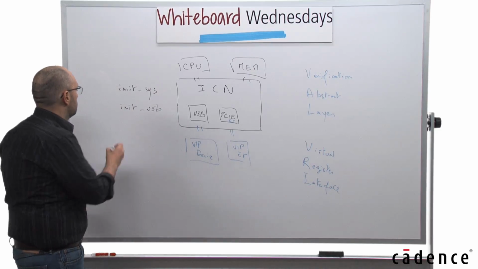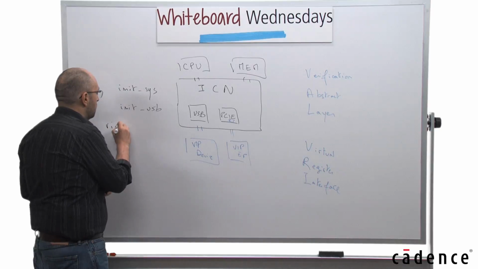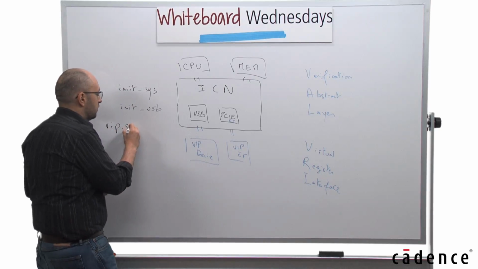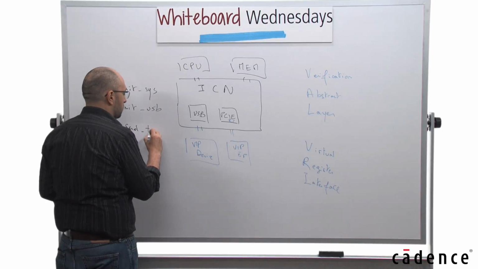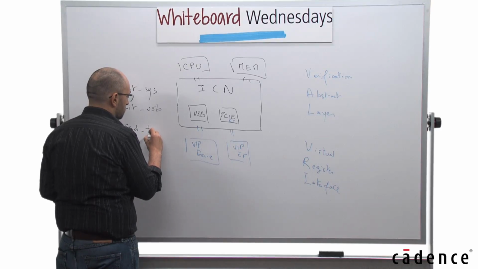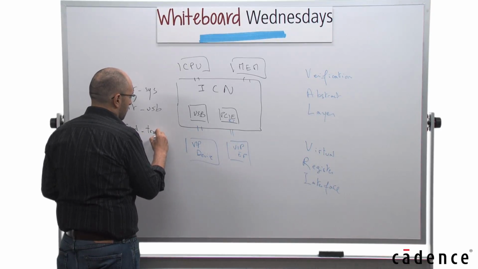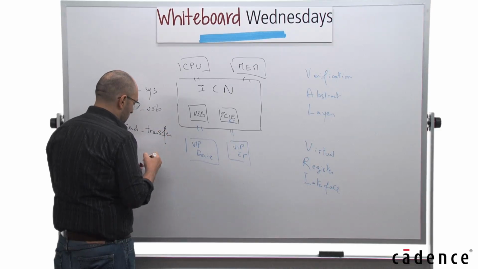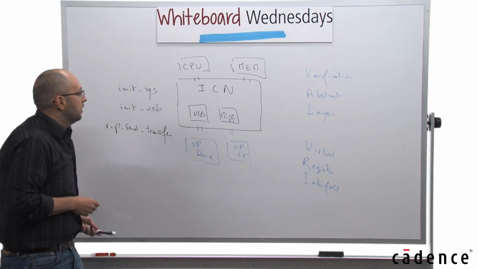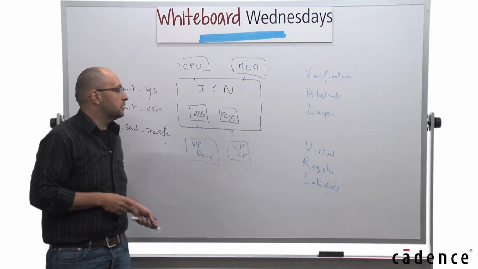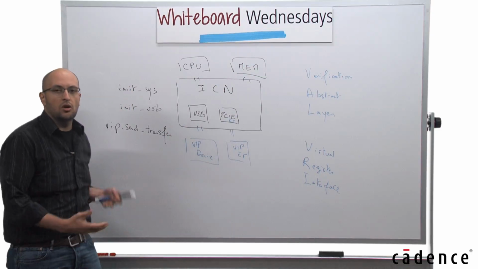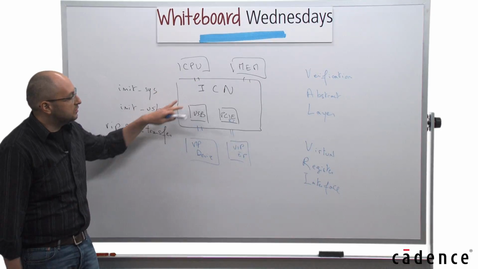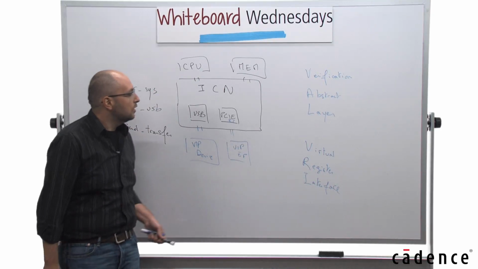And typically, you will have something like VIP, and then send a command, like send transfer, or for PCI Express, it would be like a memory write or memory config. This VAL provides a set of methods that allows you to send commands to the VIP, so you have synchronization between the whole system and the VIP execution.